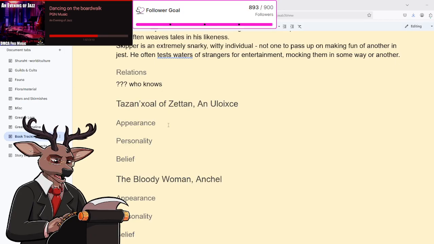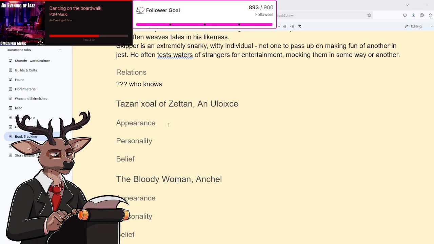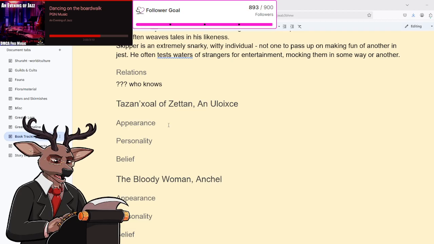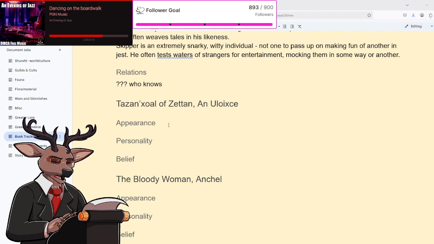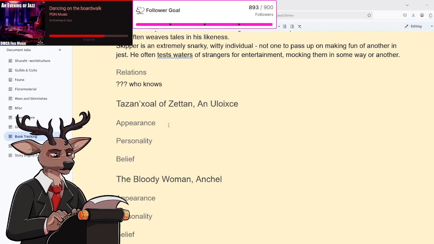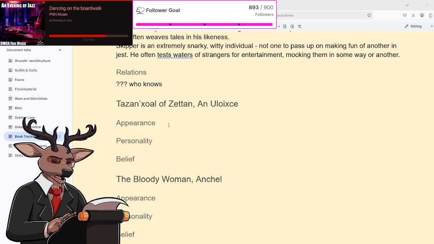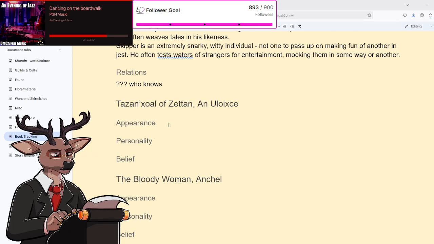Next up, we have Tazen. Tazen's owl. Tazen is another one which I've written this little thingy on. Let's see if this has changed much. Where is it? I hope it's in here. Yes, there it is.